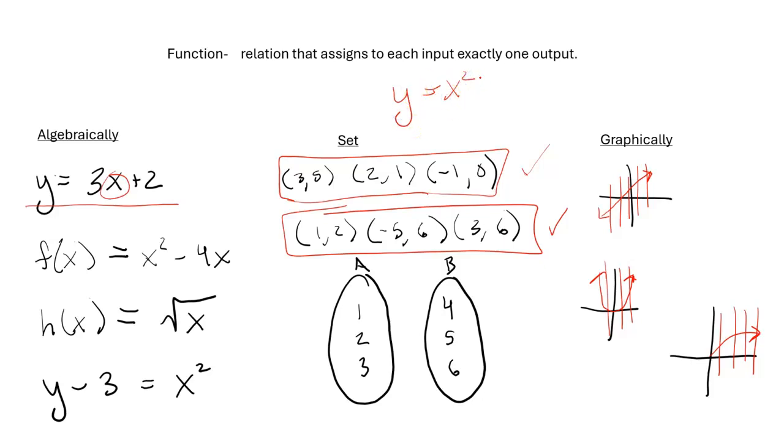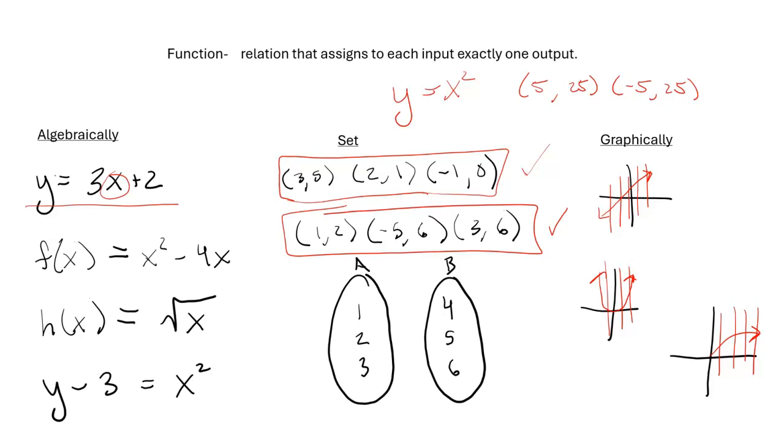I can plug in 5 and get out 25. But I could plug in -5 and still get out 25. That is a function. It's okay to have the repetition in y. It's like pushing 2 different buttons on the vending machine and getting out the same item, okay?